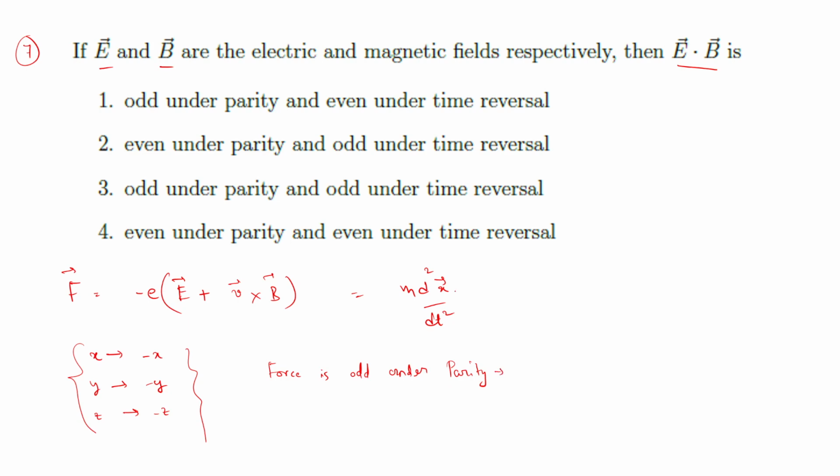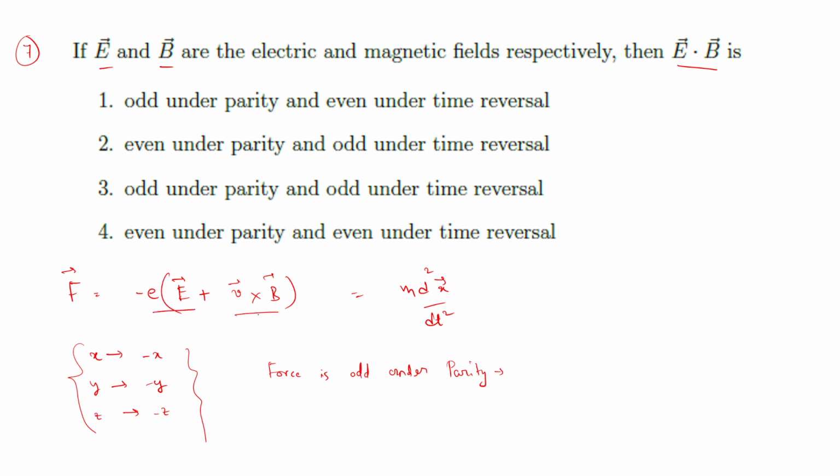So what this means is, in this equation, if you take this coordinate r to minus r, because you have to go under this transformation, r will go to minus r. And when r goes to minus r, the second derivative of it will also go to its negative. Therefore you see there are two terms here.